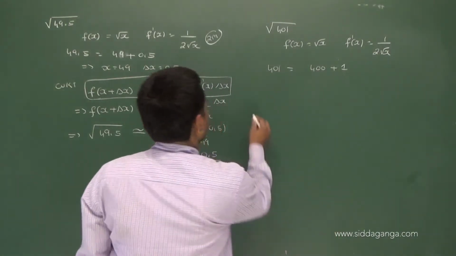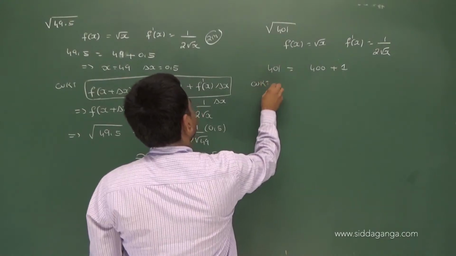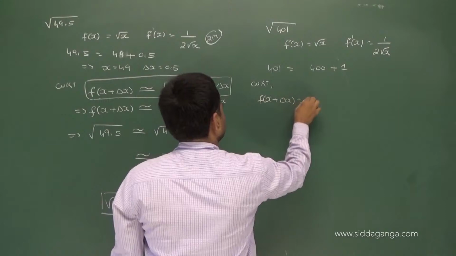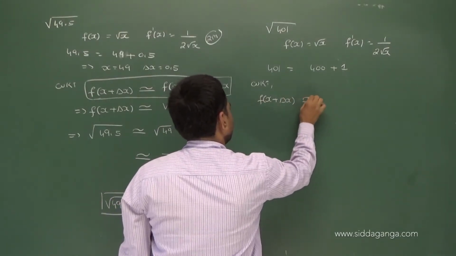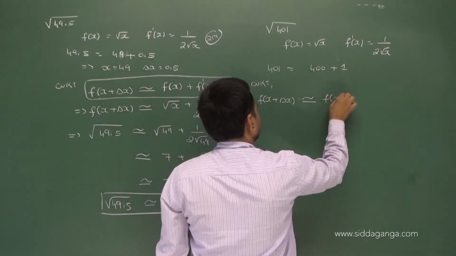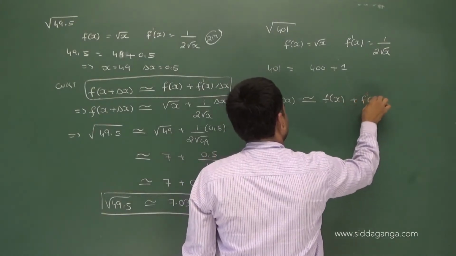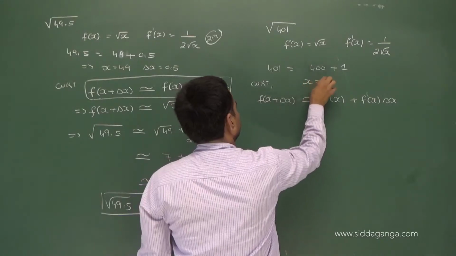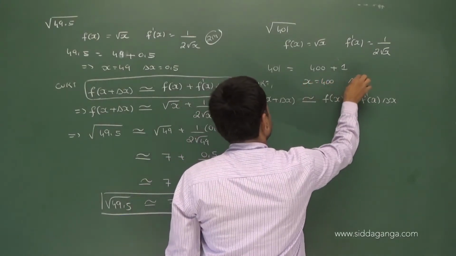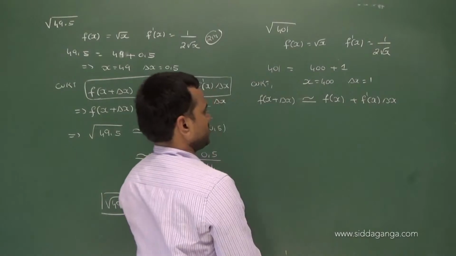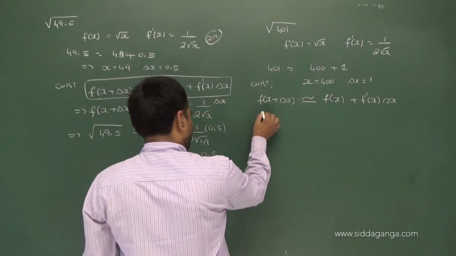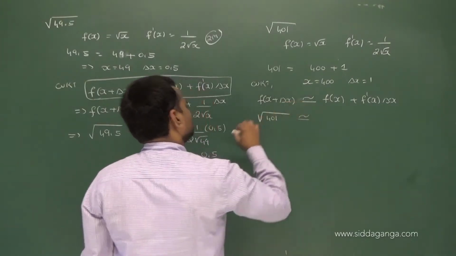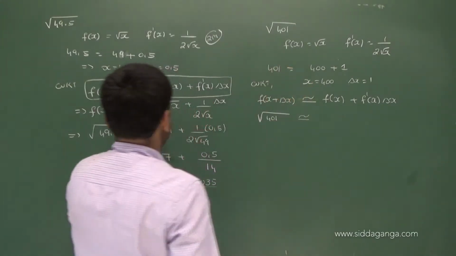We know that f of x plus delta x is approximately equal to f of x plus f dash of x into delta x. Here x is 400, delta x is 1. Square root of 401, one step only, don't write this one.